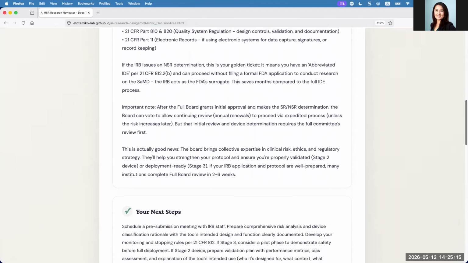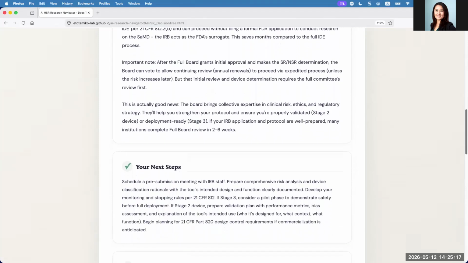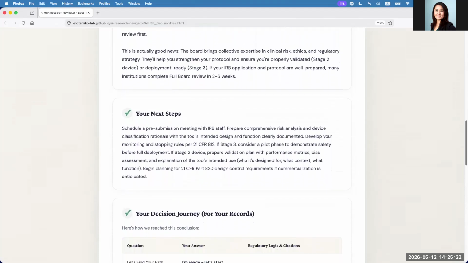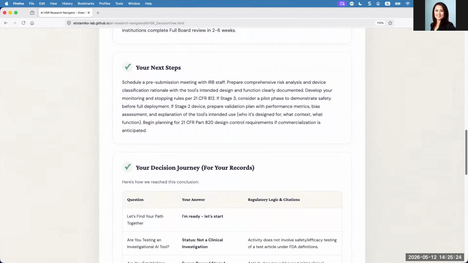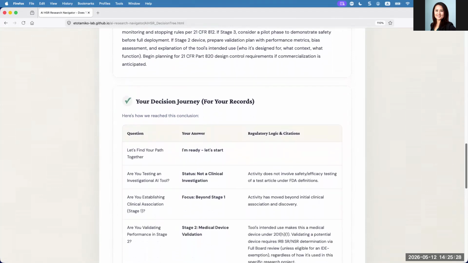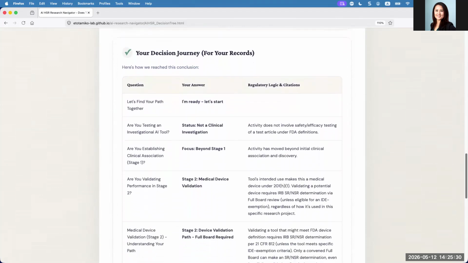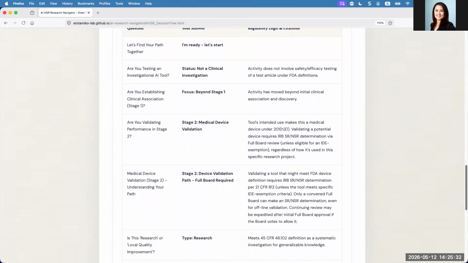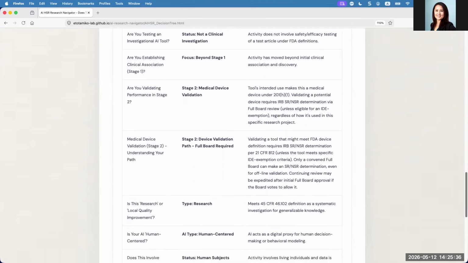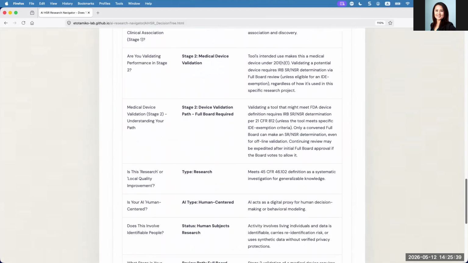So we scroll down and essentially this is our journey, where every choice that we made and the regulatory reasoning is all here. And so this is essentially the perfect documentation for an IRB submission or an IRB determination and how you reach that determination.